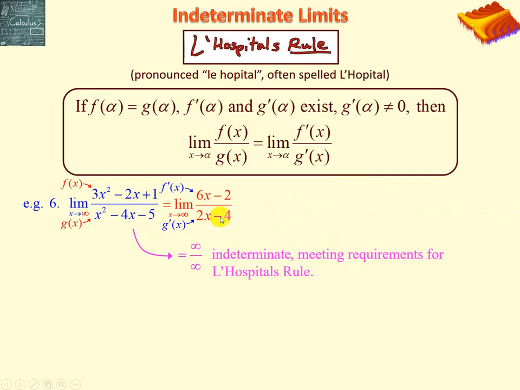If I substitute, I'm going to find it's indeterminate still. So I still am not able to find the limit. But all I do is repeat the process. I'm going to use L'Hopital's rule again on that. There we are. Which means it's a constant, and therefore the answer is 3.